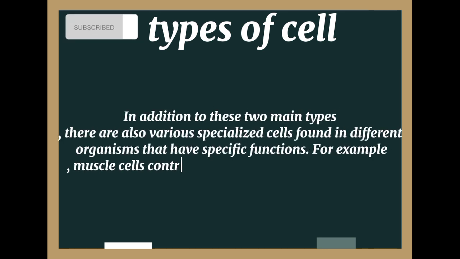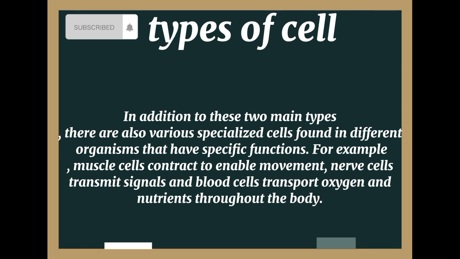In addition to these two main types, there are also various specialized cells found in different organisms that have specific functions. For example, muscle cells contract to enable movement, nerve cells transmit signals, and blood cells transport oxygen and nutrients throughout the body.